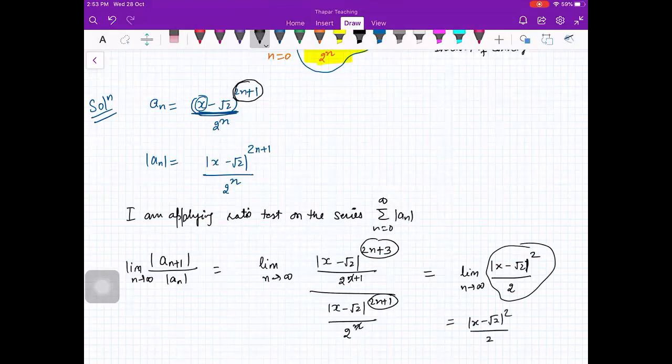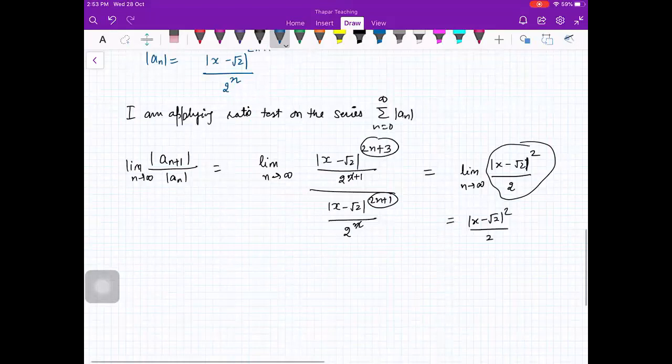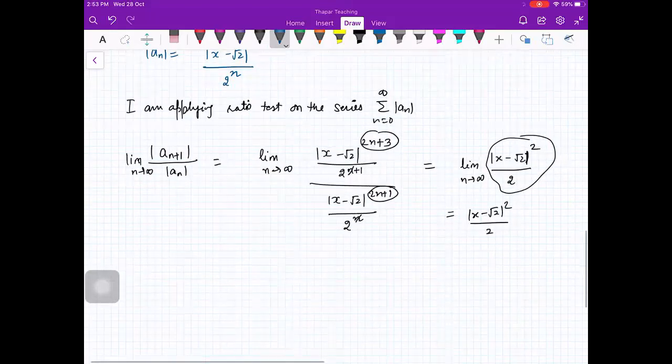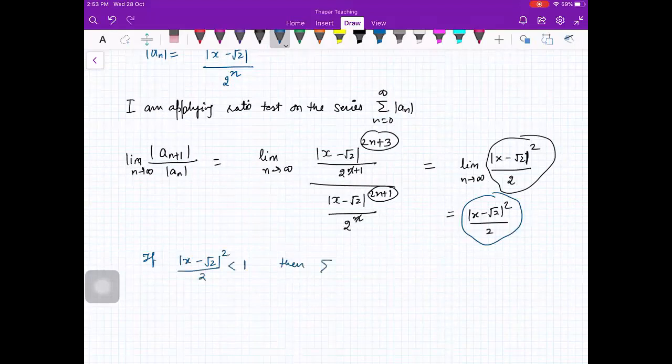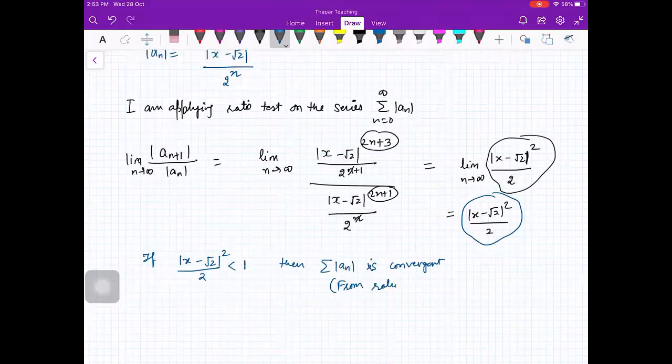So we get that from ratio test, if this limit is less than 1, if mod x minus root 2 square by 2 is less than 1, then sigma mod of an is convergent from ratio test, which implies sigma an is convergent.